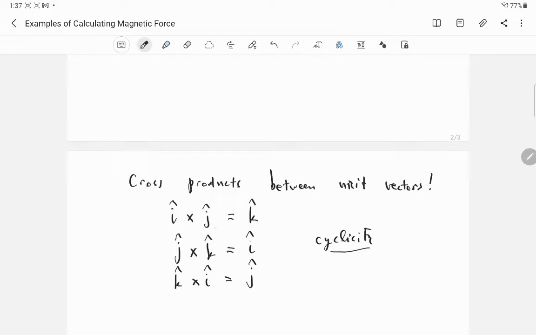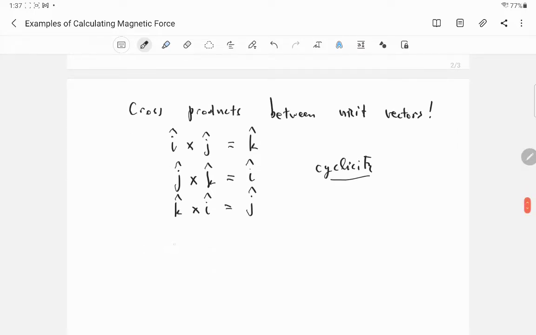Can you see the cyclicity? So i cross j is k, and then you slide the j, the k against the j on the right-hand side, and put the i over on the right. So jk is i, and ki is j, right, for the cross product.